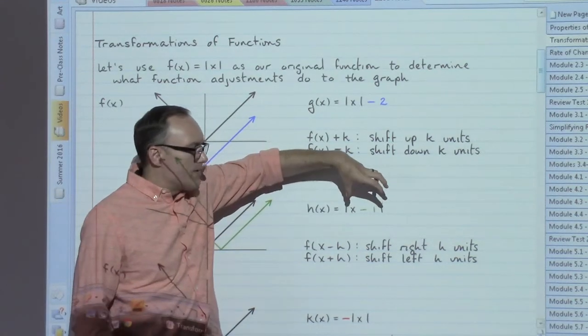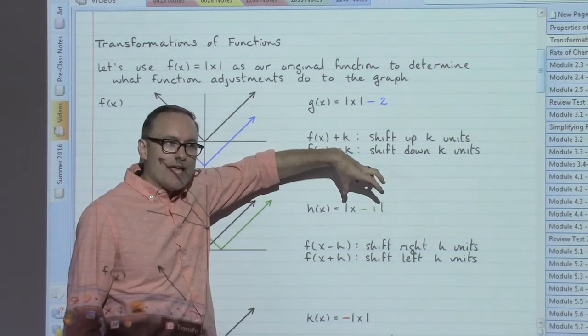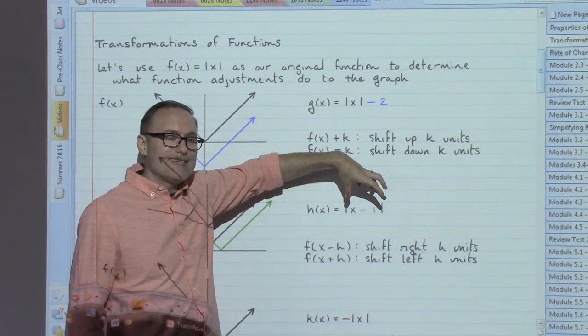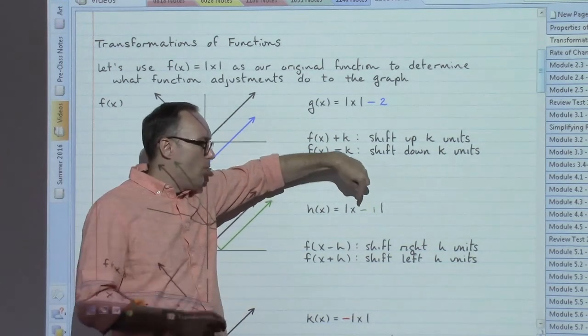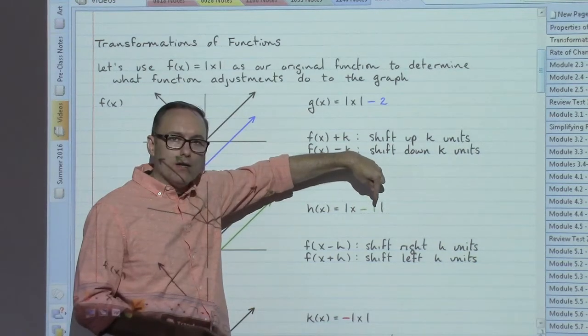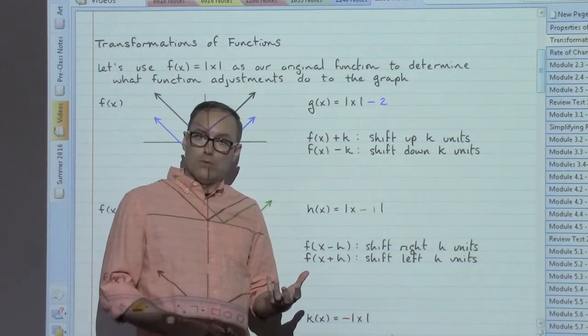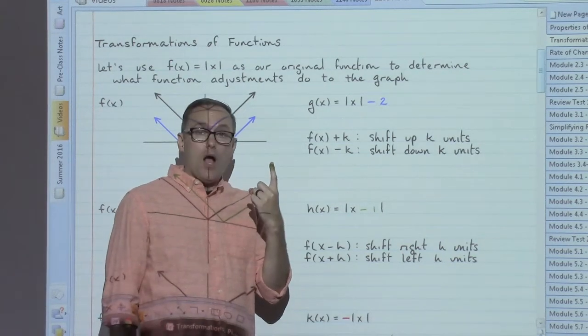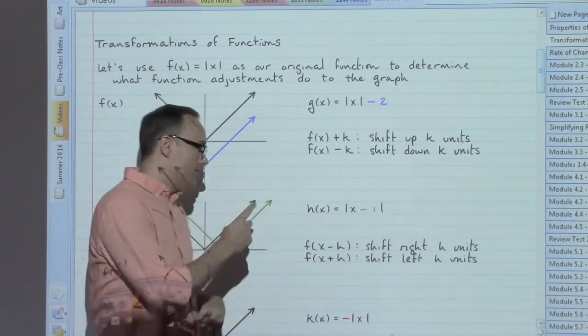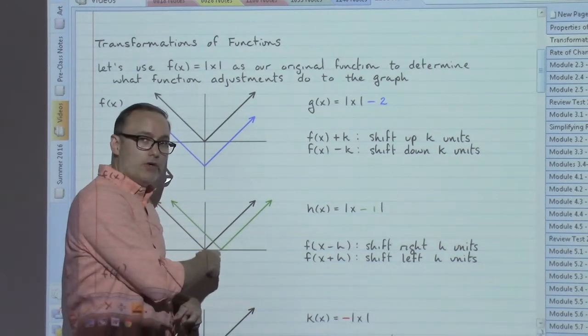If we are looking at what's inside of that absolute value and saying, well, where would this now be 0? Where is x minus 1 equal to 0? Well, that's when x is equal to positive 1. That's the positive that is telling us go to the right.